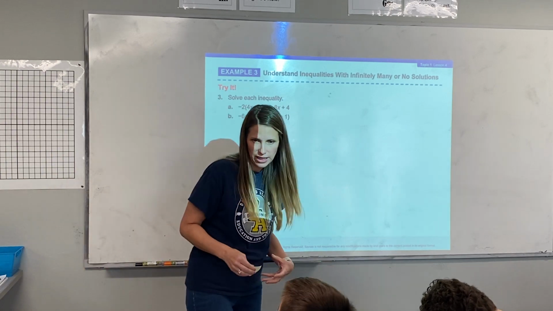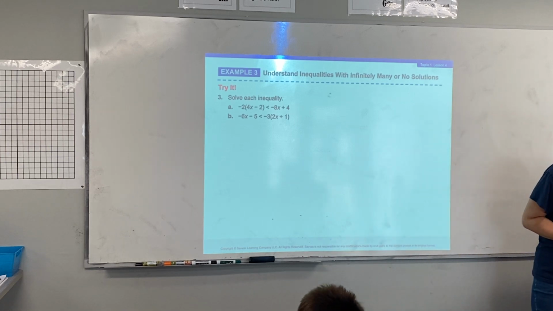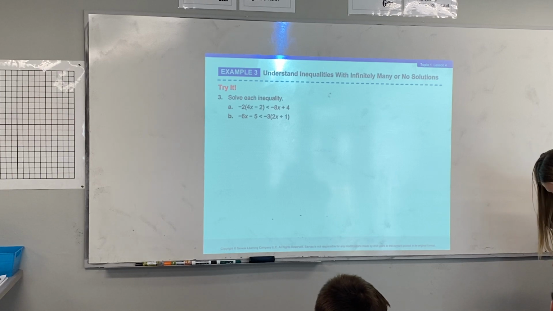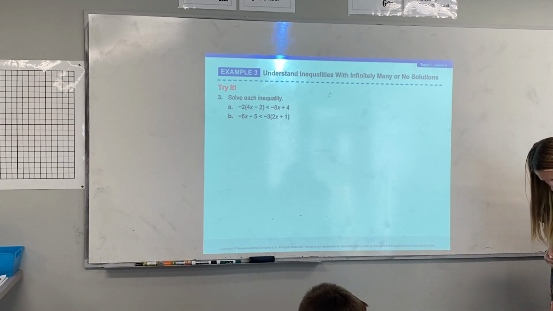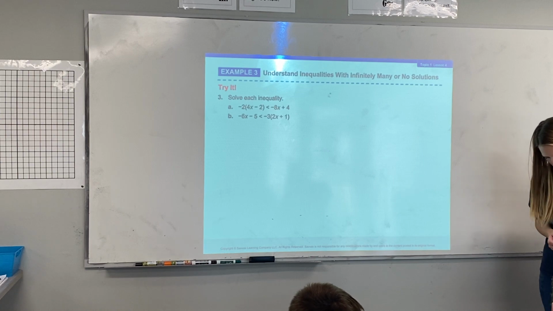When it is infinitely many, we would say that x has the value of all real numbers. I forgot to take that out. So it's switched around. All I want to know is which is A, which is B here. Okay, good.